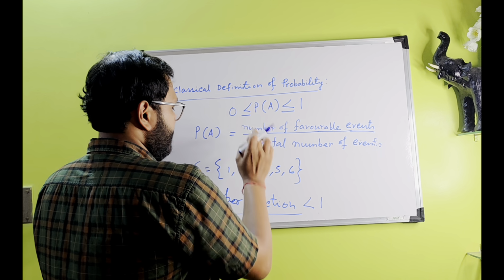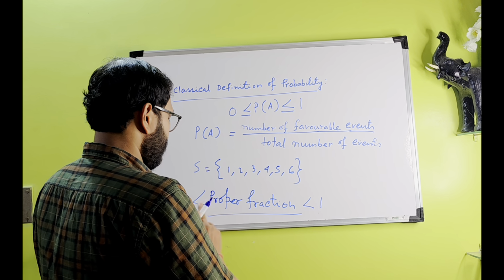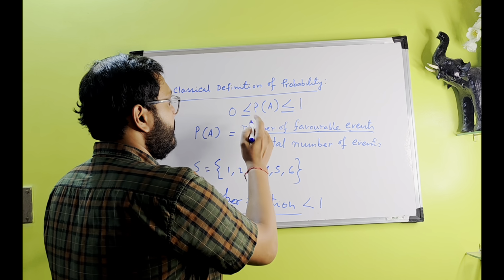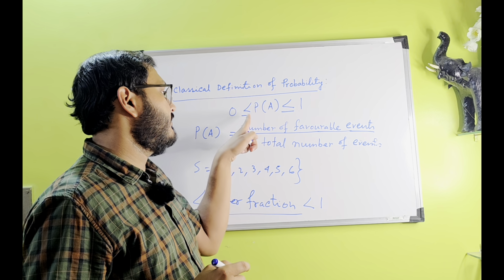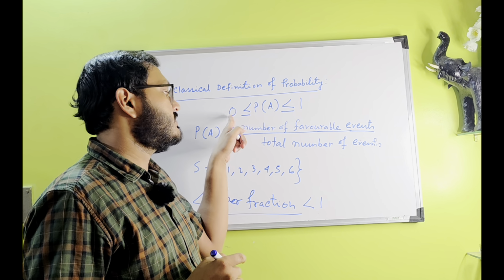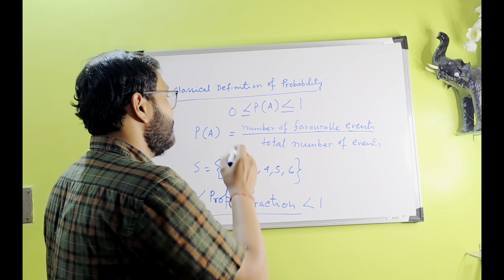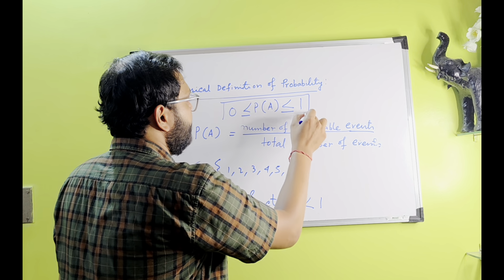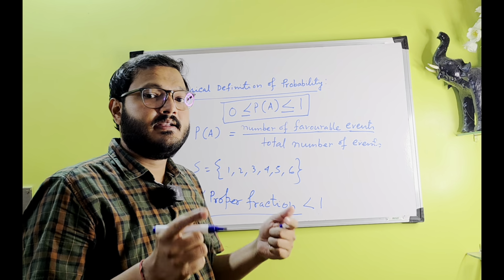The probability of an event equals 0 for an impossible event, and equals 1 for a certain event.